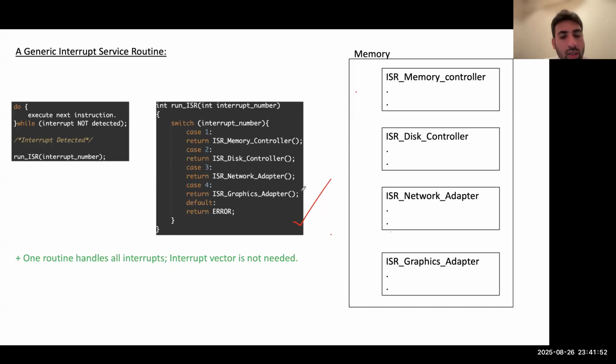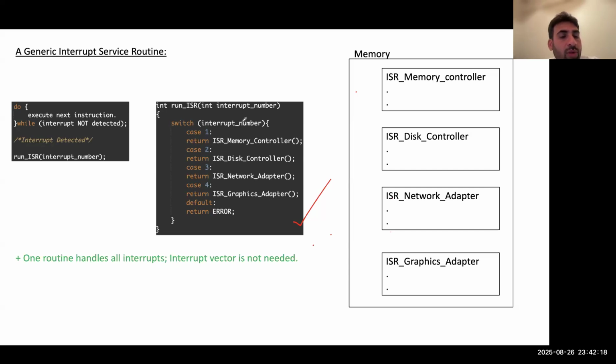As some other students said, the problem with this approach is that it has O(N) runtime, where N is the number of unique interrupt IDs, in the worst case. You need to check all these cases: case one, two, three, four.